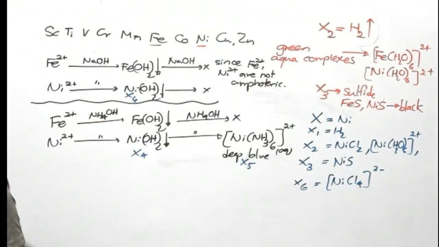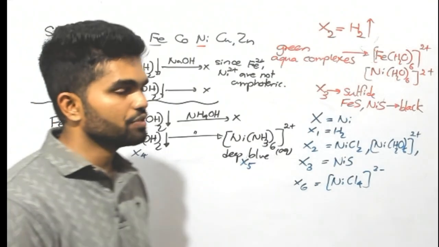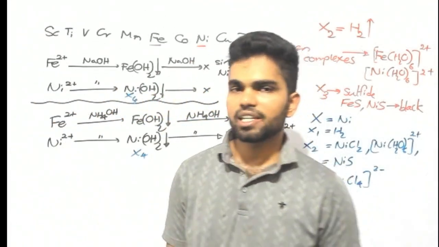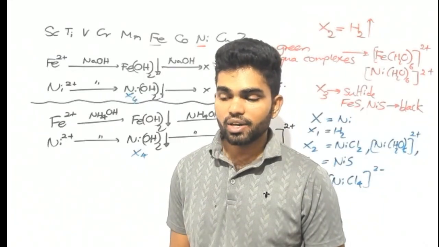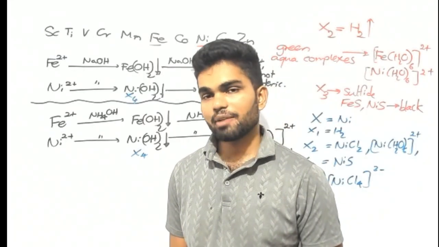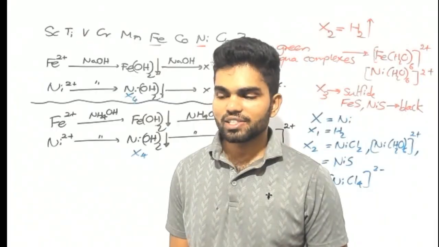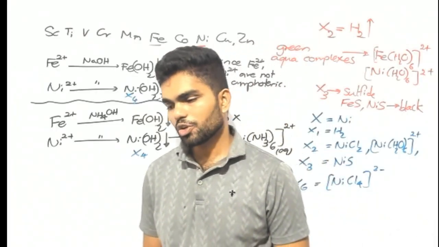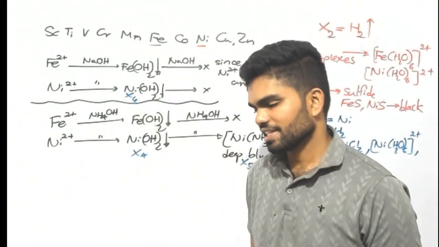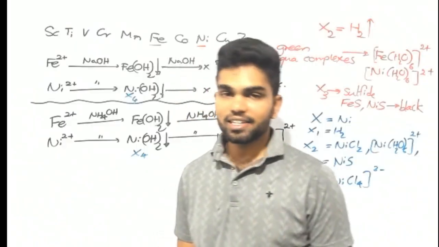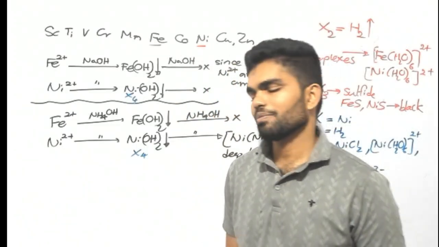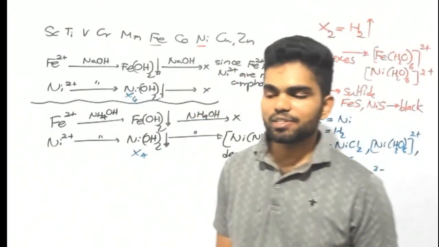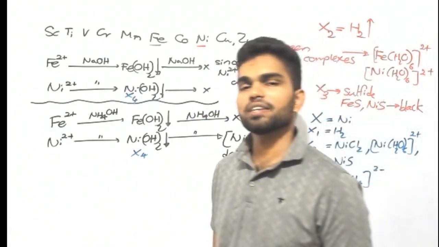Right, and in the IUPAC names I also noticed some problems. Don't start with capital letters. If you started with one, that is wrong. Don't leave any spaces between hexaammine and nickel. That is also wrong. Use Roman numerals to indicate the oxidation number. And please write iron. Without iron, again, that is wrong. So my point is, you should write exactly like this, in one line, to get marks.